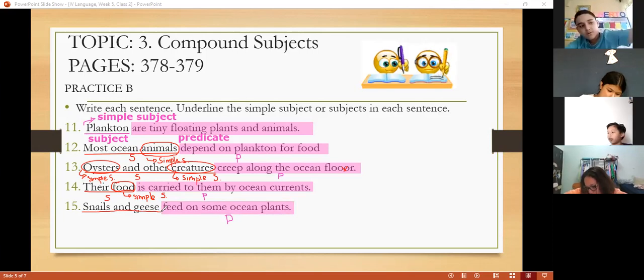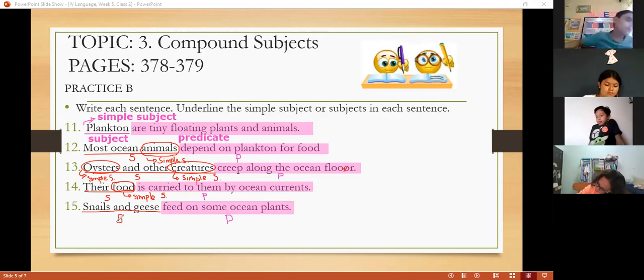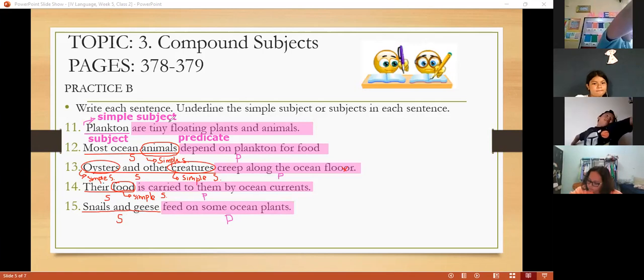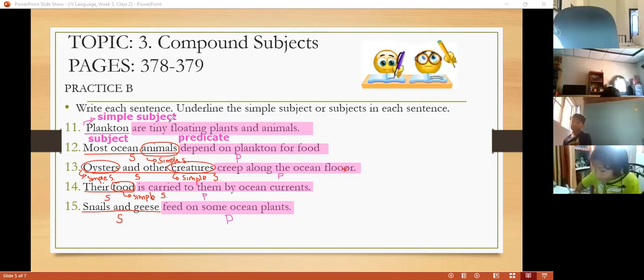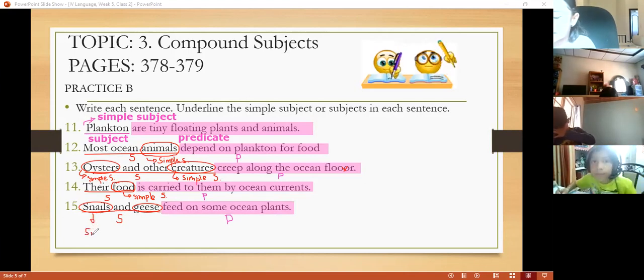And now in this subject, you identify the two important words, all the simple subjects. The example is snails and geese. So they are the simple subjects. And yes, it's a compound subject.